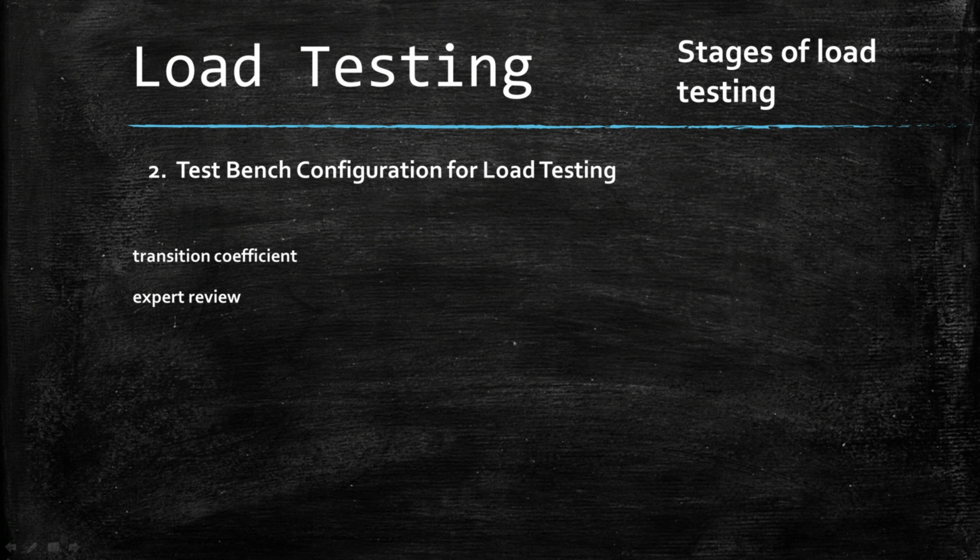Using the coefficient, it is easy to assemble the test bench configuration at the initial stage of testing, but then a lot of time is spent on calculation using the transition coefficient. When using expert judgment, the basic configuration values such as processor type, memory size, operating system must match. Only in this case can we give an approximate, truthful assessment of how the system will work.